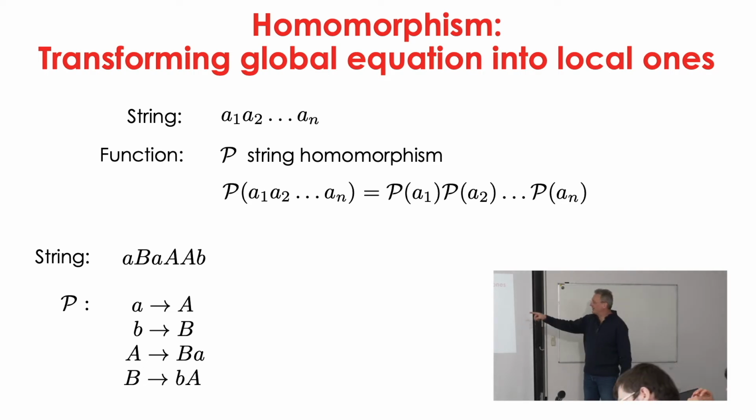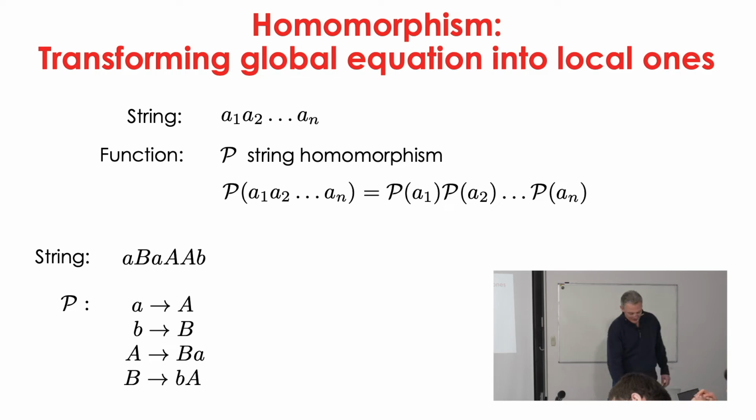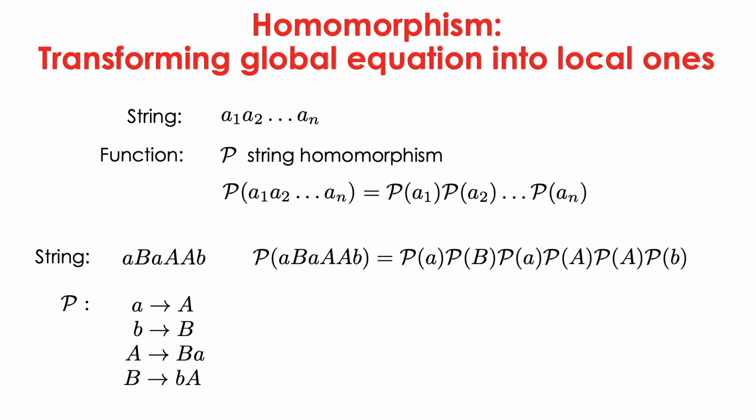Okay, so let's see how it goes for the string. I can take as an axiom, as the initial state, this string. I apply the rules to each of the components here. The rule that will apply is the one that can be selected according to the parent label here.